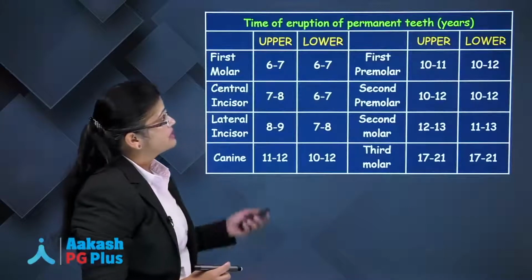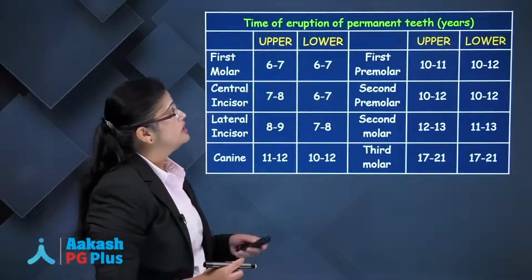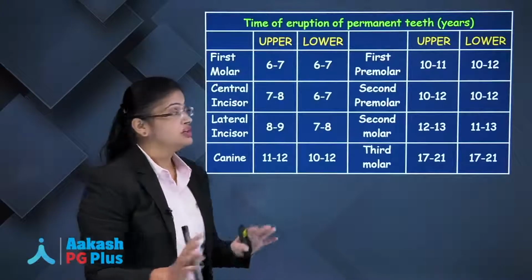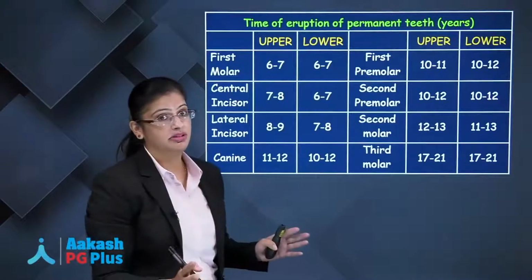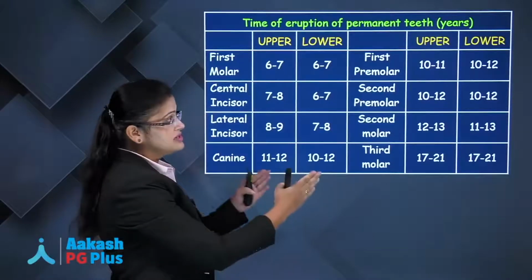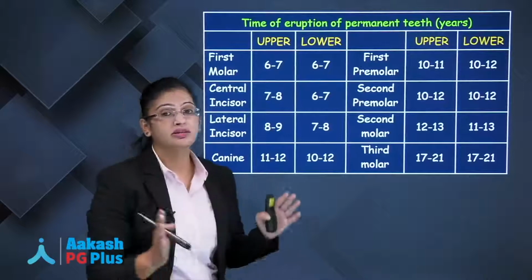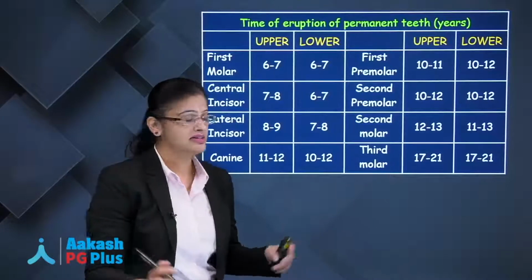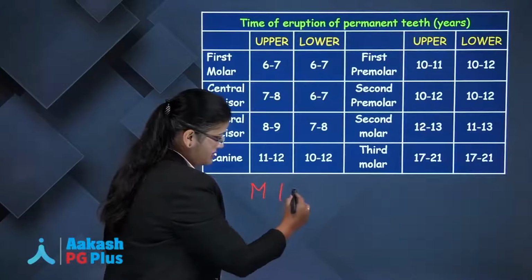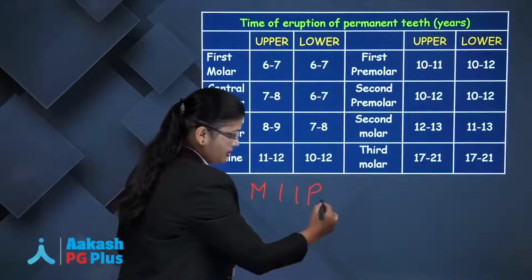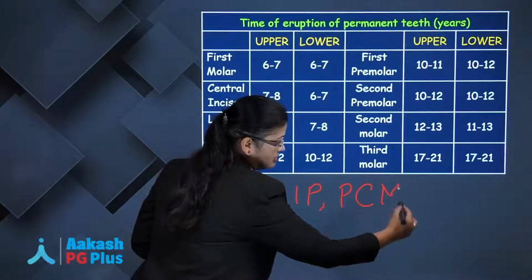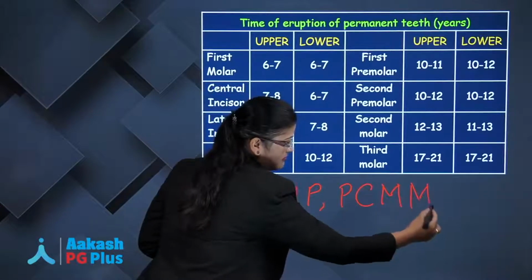So we see this is the sequence of appearance of the permanent teeth. But please don't get scared by seeing this table. I will simplify it a bit. You can remember this sequence by remembering a simple mnemonic, and that is: Mama is in party, Papa can make momos.